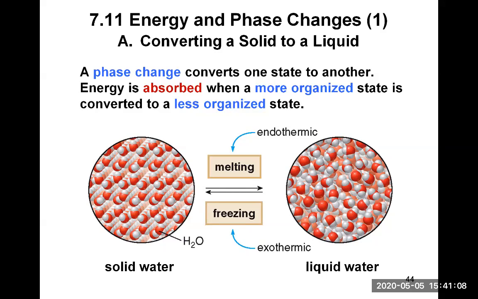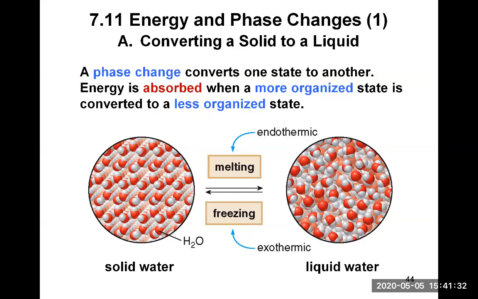And so a phase change converts one state to another, and energy is absorbed when a more organized state is converted to a less organized state. And here, the more organized state is the solid state, and the less organized state is the liquid state.